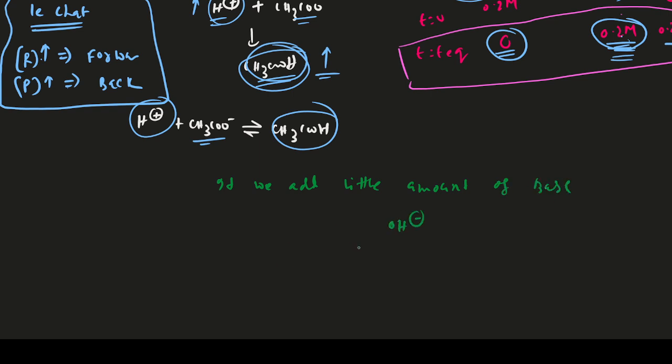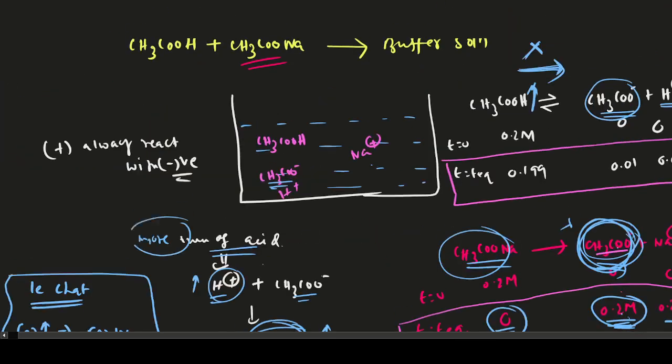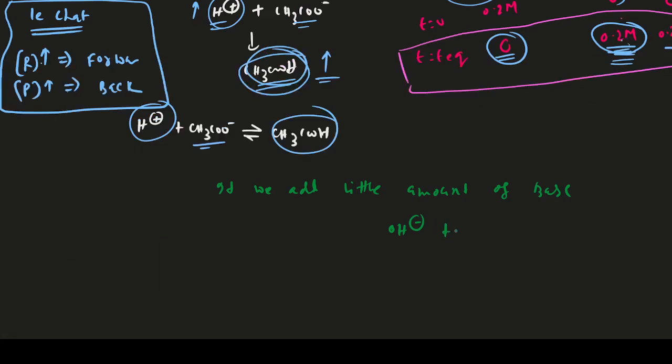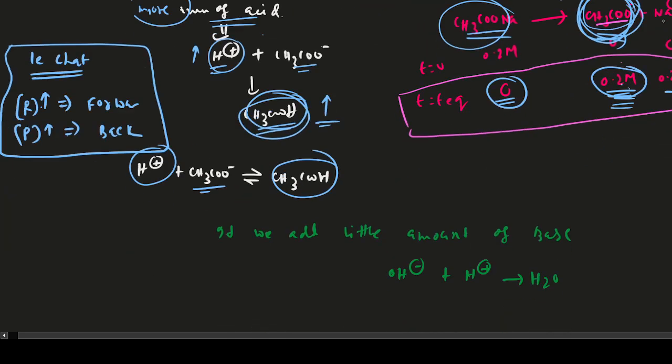Okay, so OH-, this negative will react with positives, so here positive H+ is there, so OH- will react with H+ and form water. Yes, and here Na+ is also there, so OH- can also react with Na+, but this will give NaOH, and this is a strong electrolyte, so it again dissociates and gives Na+ and OH-.